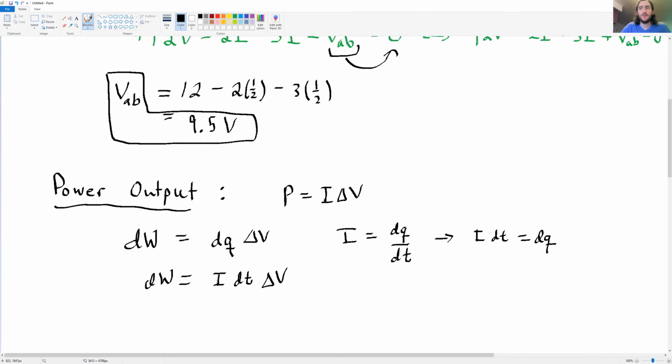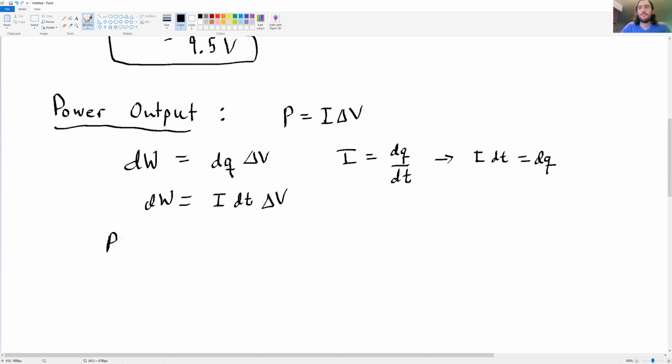And this is dw. But of course, we know that power is an amount of work or energy transferred per unit time. So if I divide that dt over to the left side, then I have power, and that leaves me with I times delta v. Right? So that's a simple derivation there for the power either dissipated or supplied for circuits, where we have currents and voltages.